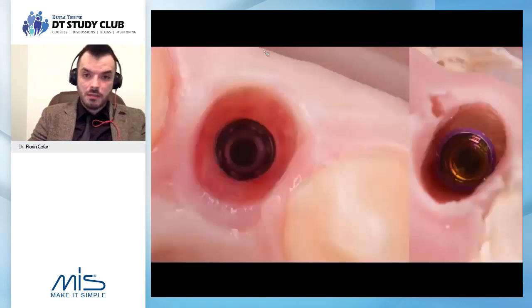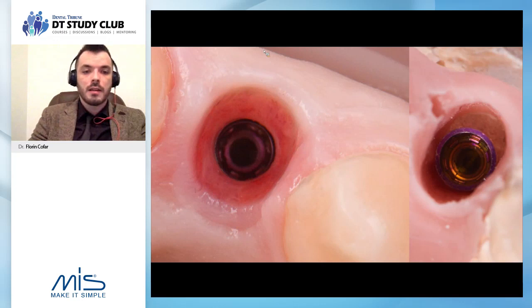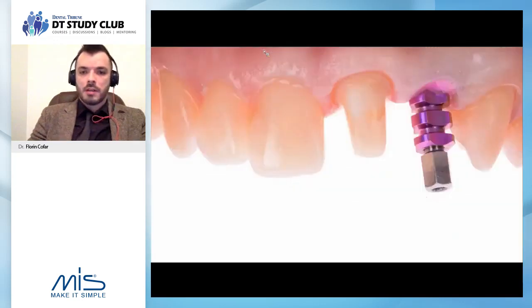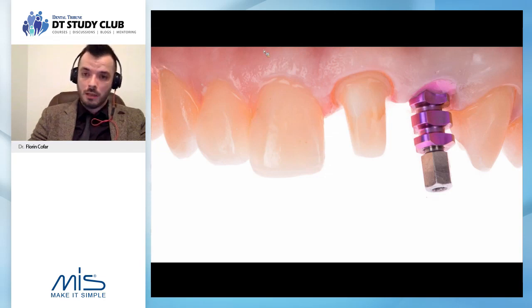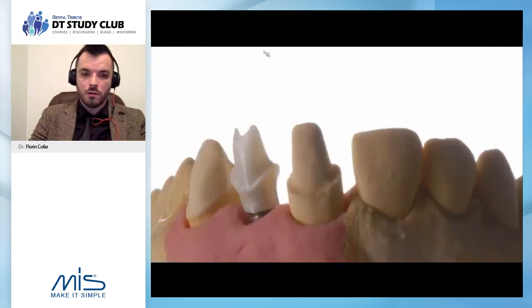When it comes to restoring, these are pretty basic things. Preparation, as you can see here, and the healing that we had is very nice. We're going to take an impression, and in this case I chose to also prep the canine to improve the tissue. How can I improve the tissue with a veneer on the canine? If I prep it a little bit subgingival on the mesial aspect, I can push the papilla and improve the soft tissue contour.